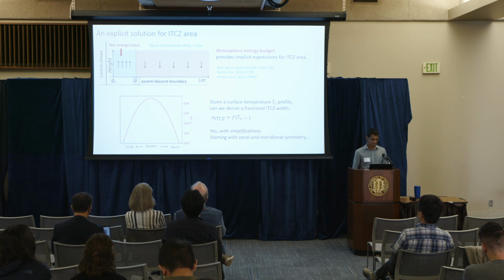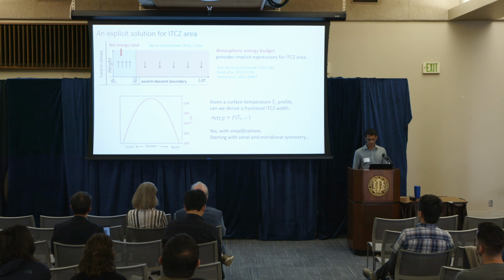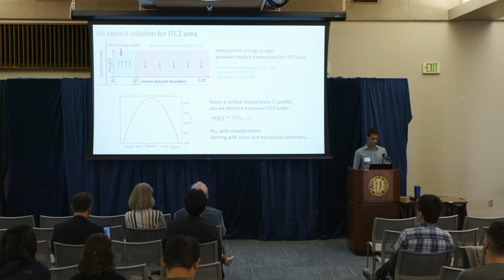From this, you can reason as to why the ITCZ area narrows under warming. The simple one-line explanation is that under global warming, the energy partitioning between ascent and descent zones changes, and the ITCZ area simply changes also to compensate for the modified energy partitioning.